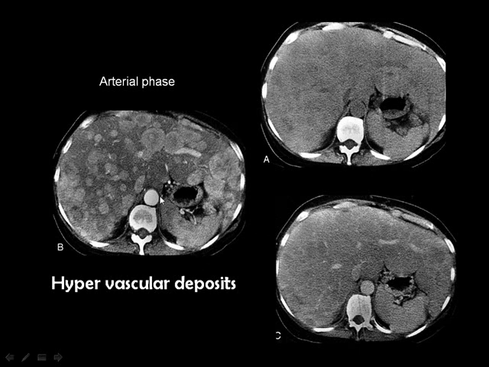Just look at the aorta. If the aorta is as bright as the bones, then you know that there is the maximum contrast inside the aorta, and this is the arterial phase. You should ensure that you have an arterial phase, which is very important to look for the hepatic pathology.